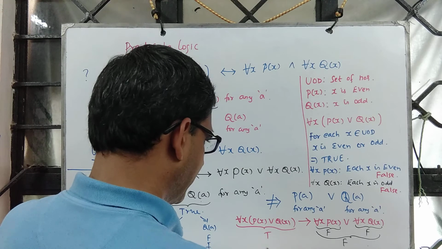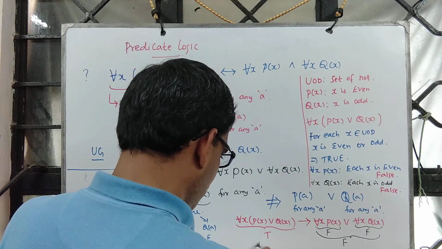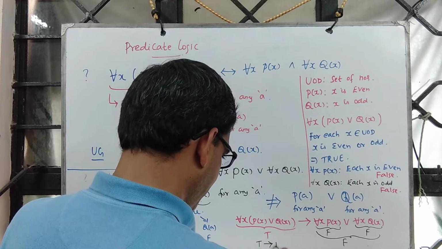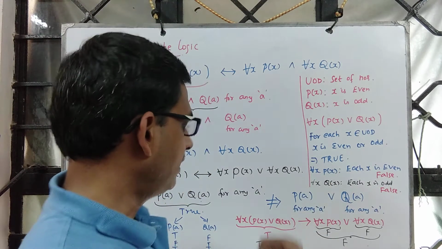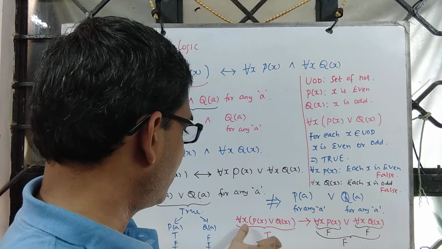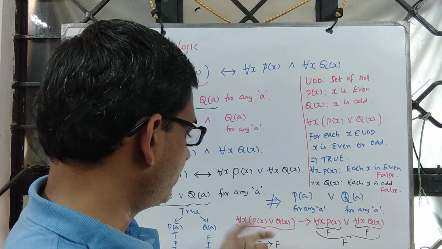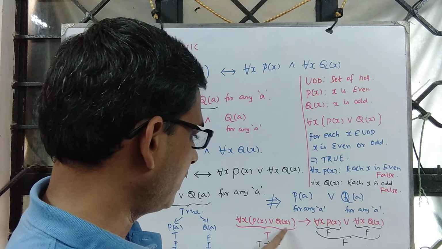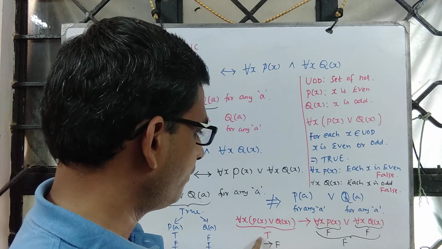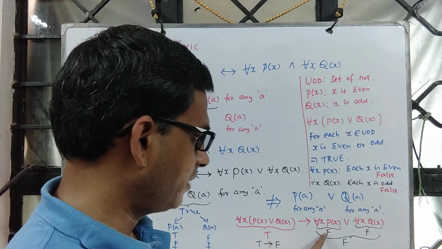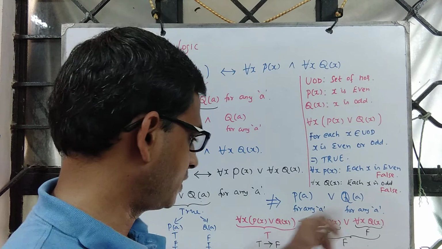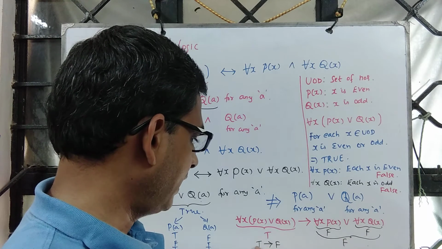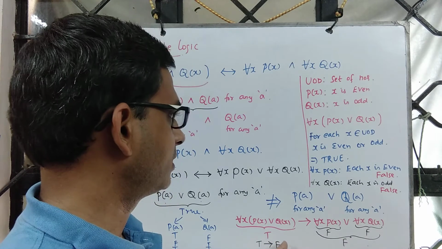This shows that true implies false. For this example, you see that each element in the universe of discourse is either an even number or an odd number, which is true. Each element is an even number, false. Each element is an odd number, false. So this one is false. This shows that true implies false.